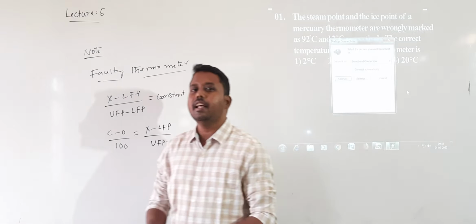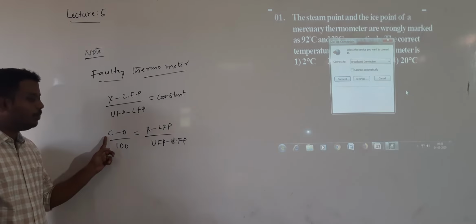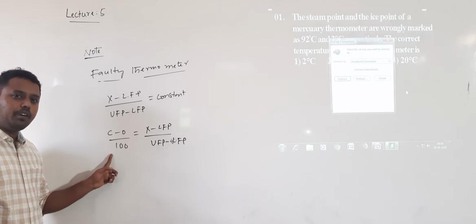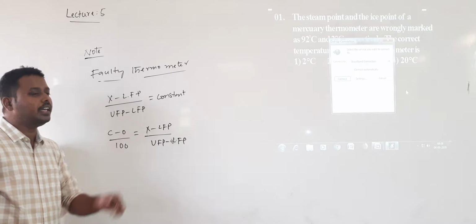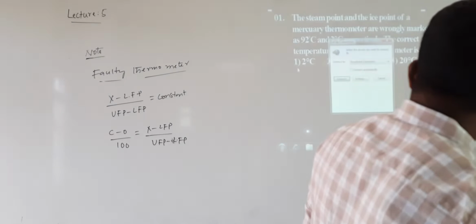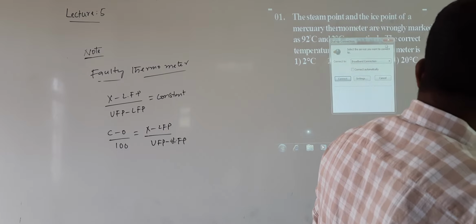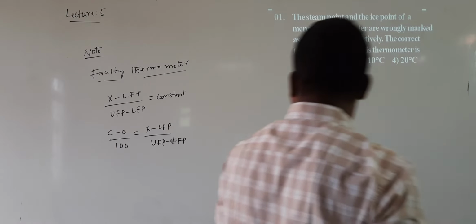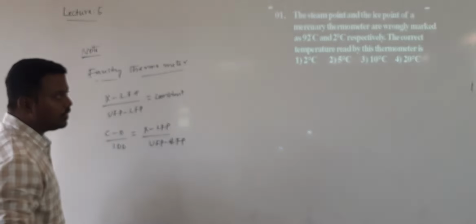So then what I did, I took the correct thermometer scale, the centigrade scale. So that is C minus lower fixed point, which is 0, divided by upper fixed point 100 minus 0. For the faulty thermometer, x minus lower fixed point divided by upper fixed point minus lower fixed point.